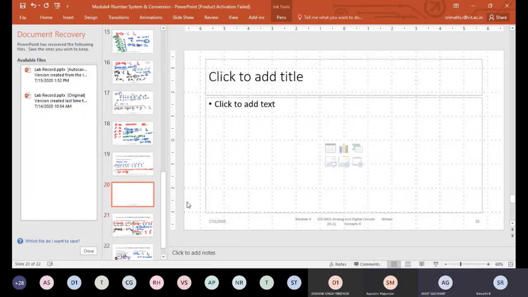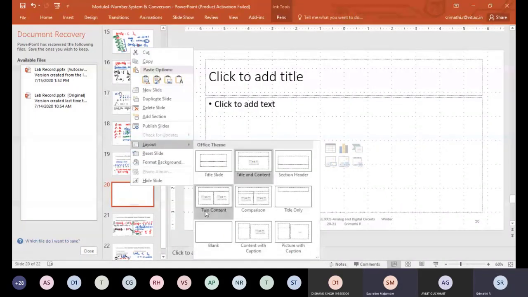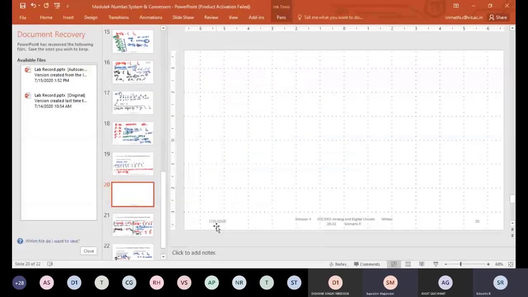Next, we'll go ahead with the octal. Another conversion system. How will you convert a decimal number to an octal number?